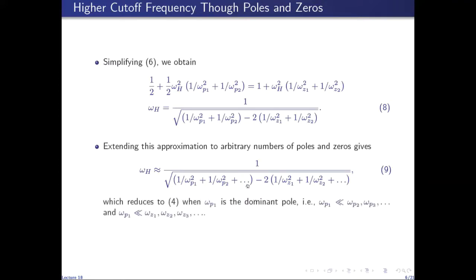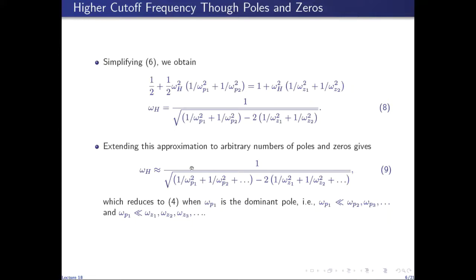So if we look at this expression, then under the assumption that omega P1 is the dominant pole, 1 over omega P1 will be greater than all of the terms inside the square root, because omega P1 will be smaller than all of the pole and zero frequencies.